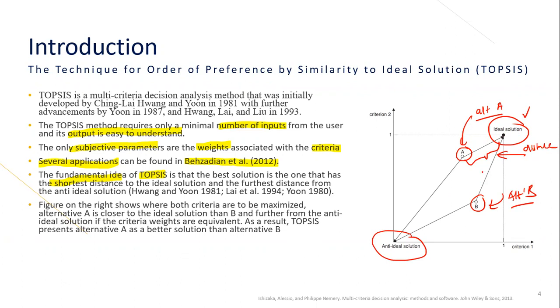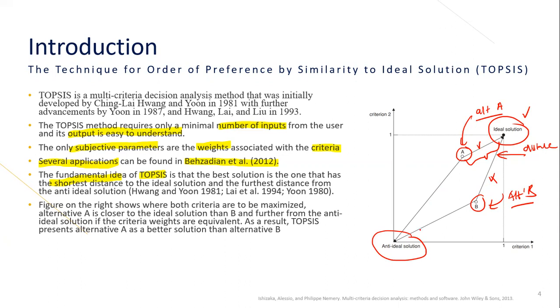In this graphical illustration, we can clearly see that A is closer to the ideal solution compared to B, right? If you compare this one with this one, of course, A will be closer.